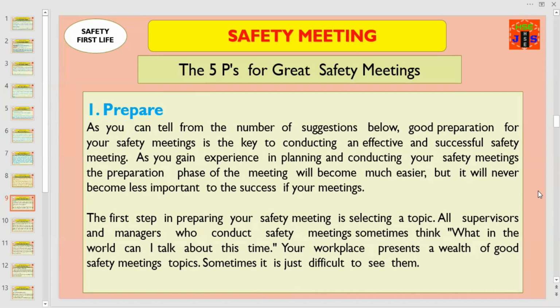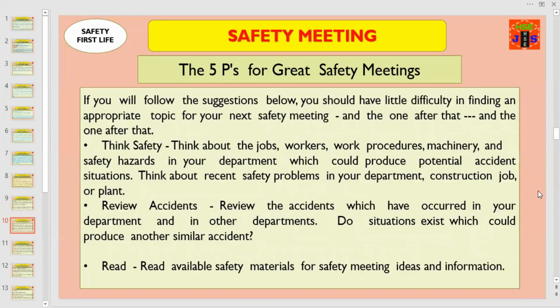Sometimes it is just difficult to see them all, but if you follow the suggestions below, you should have little difficulty finding an appropriate topic for your next safety meeting, and the one after that, and the one after that. Once you are going to prepare a safety meeting presentation, point number 1, think about safety.